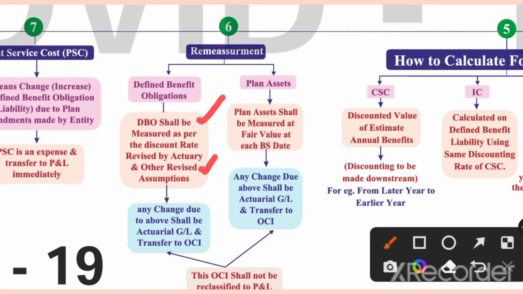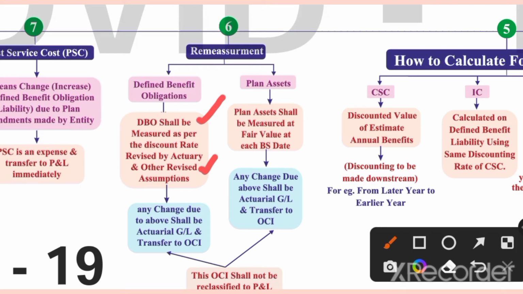The discount rate of the defined benefit obligation is changed, or he is changing the assumptions. For example, an employer was calculated to work for 10 years, but now it seems he will work only 5 years, so he will be revising the assumptions. Based on that, we have to change our defined benefit obligation also.